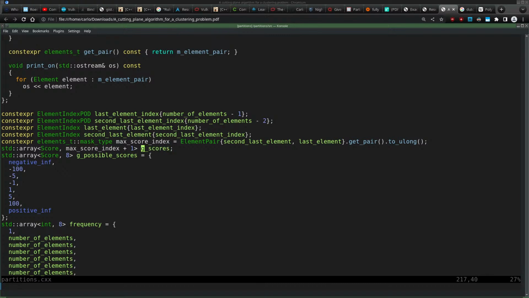So let's make G-scores. It's not even a cons expression, so why not? Let's make this a pointer. An array. Well, let's make it a vector then. Max score index plus 1.